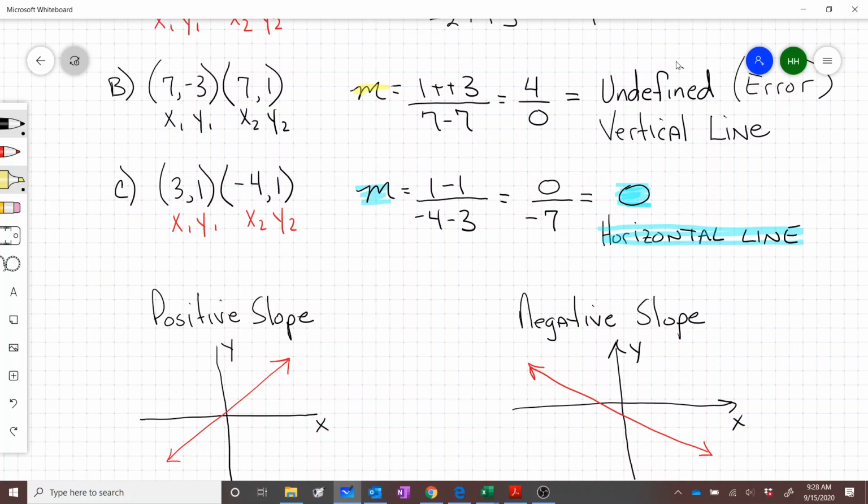And when the slope is undefined, that's a vertical line. So you got positive, negative, 0, and undefined. 4 different slopes. Those are the directions of the lines for each.